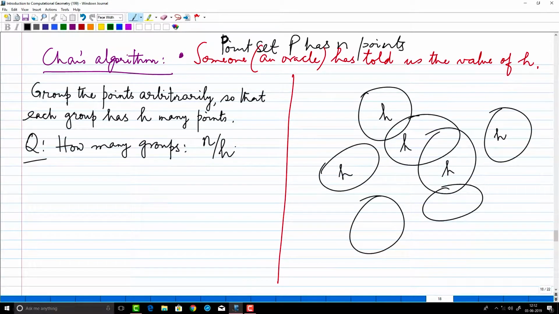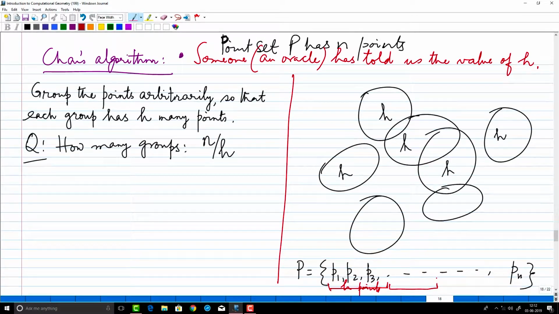So I make a partition. It can be anything, just arbitrarily partition. For your first partition, take the first h points. Next take the next ones.